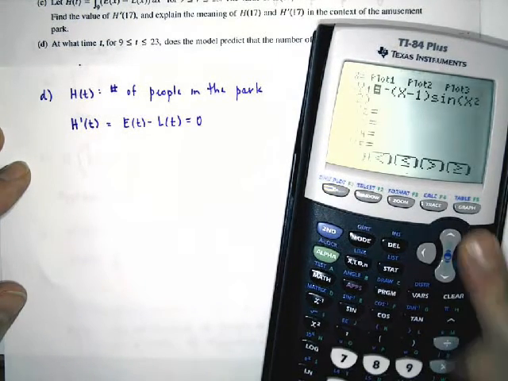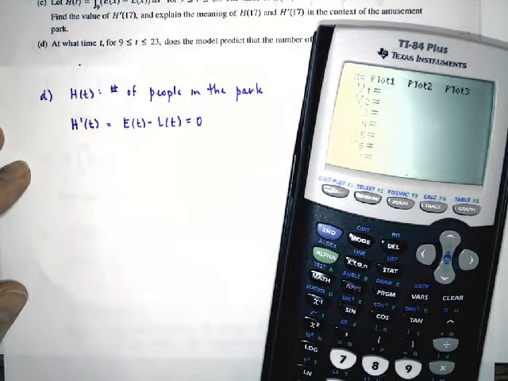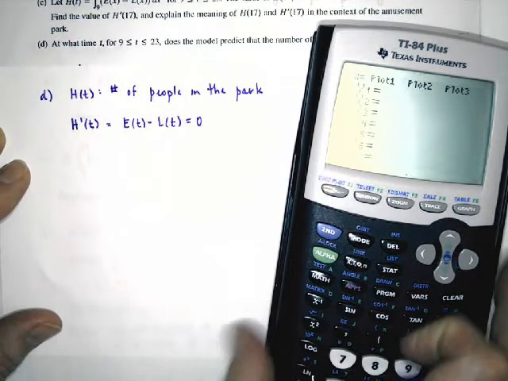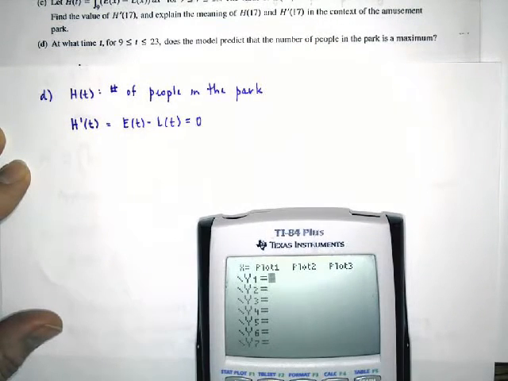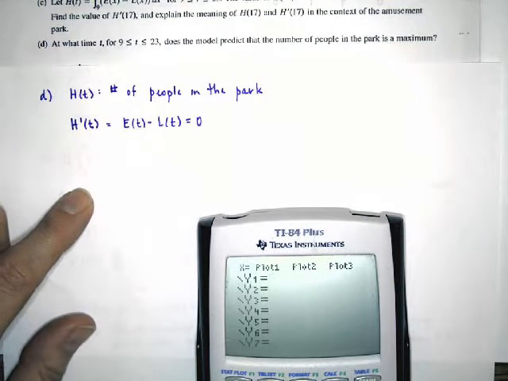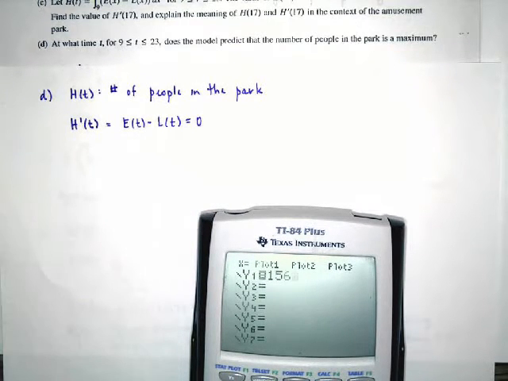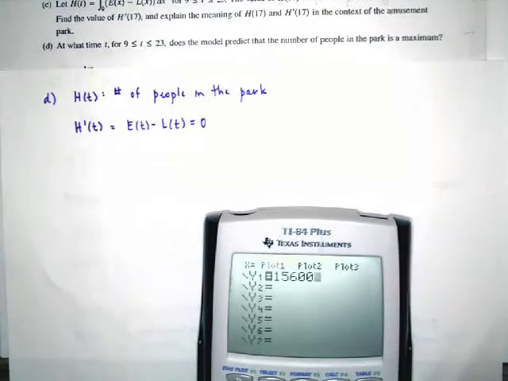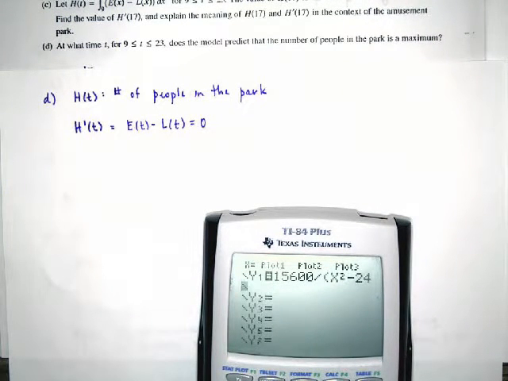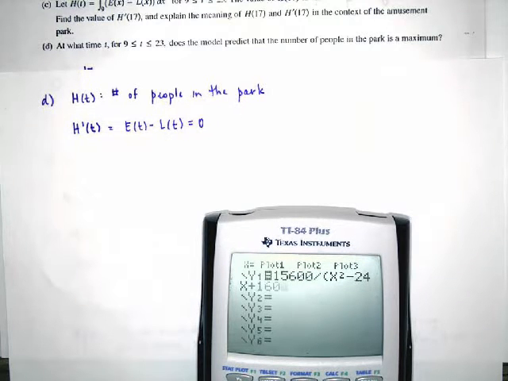So here I'm going to go to my y equals, and I'm going to type in my two functions. So I'm going to do E of t minus L of t, and then we'll see where that's equal to 0. And then minus my second function.